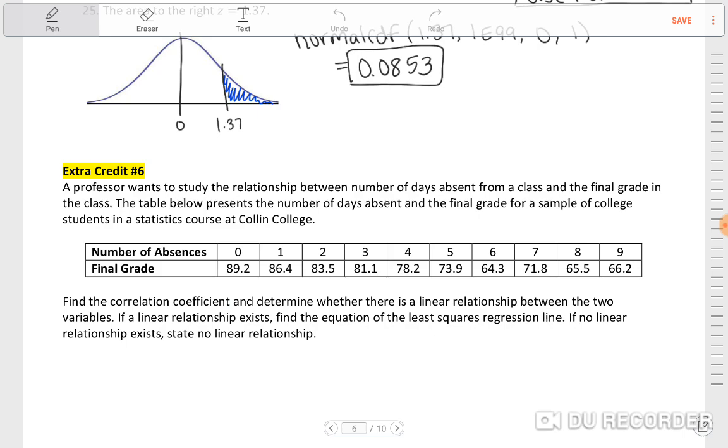Maybe a hint, there's something about an R, something about a Y hat. Okay, and then also there's multiple questions here. So once you find that R, you need to determine if there's a linear relationship. So you have to compare it to your critical value. That's part of it. So make sure you show that step.